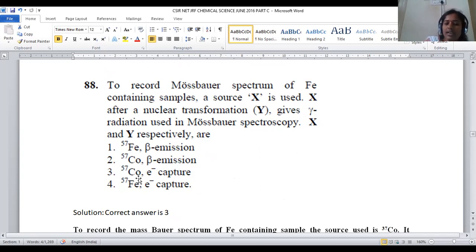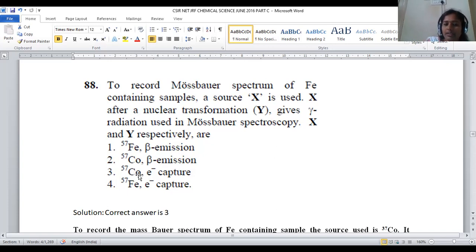When cobalt-57 is the starting material, it participates in electron capture. In electron capture, the electron has mass number 0 and atomic number -1. That's why when cobalt accepts an electron, its atomic number will be decreased by 1 unit.